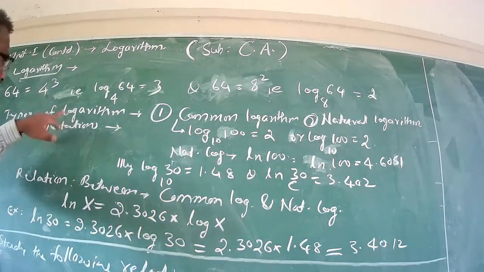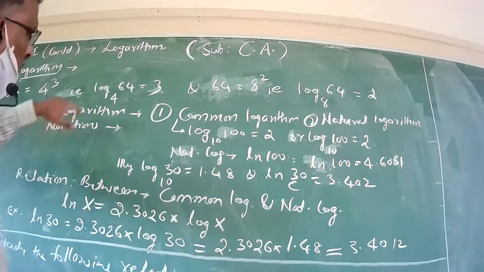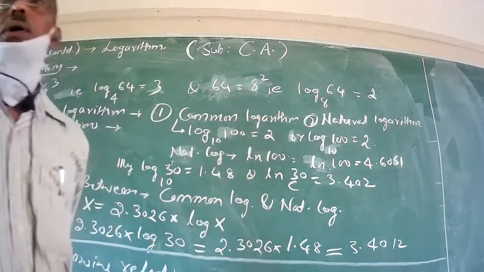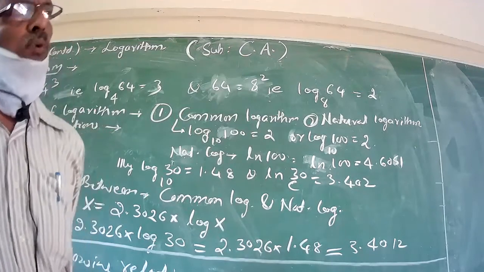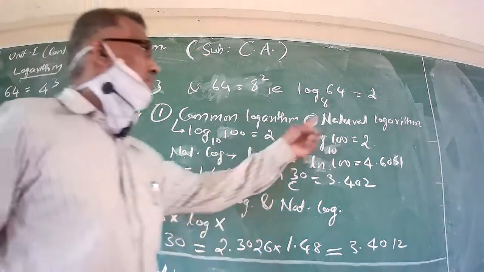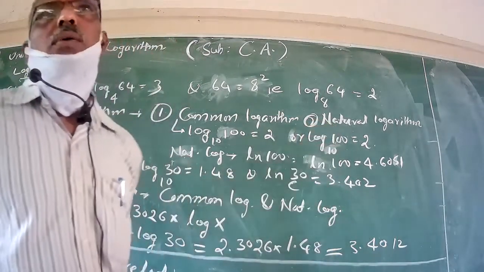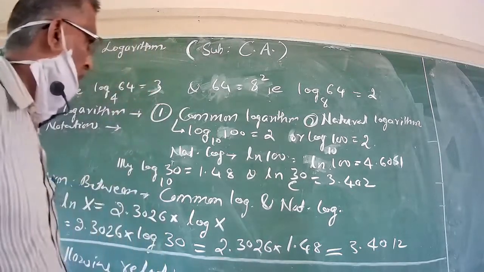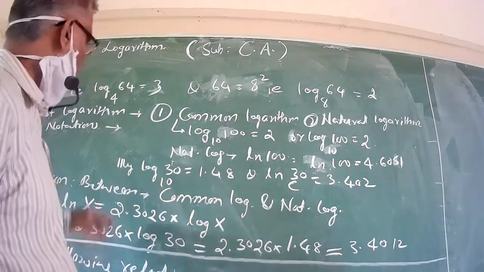There are two types. Log of any number to the base 10 is called common logarithm, and natural logarithm is the log of any number to the base e.